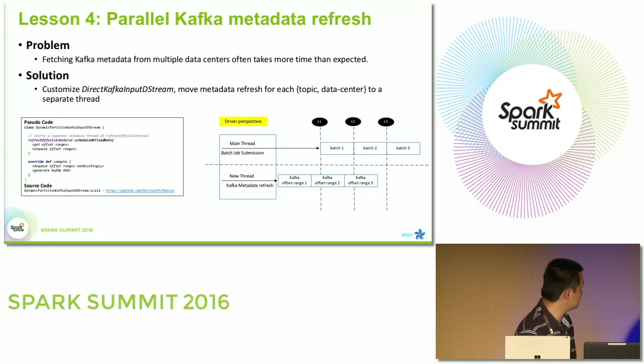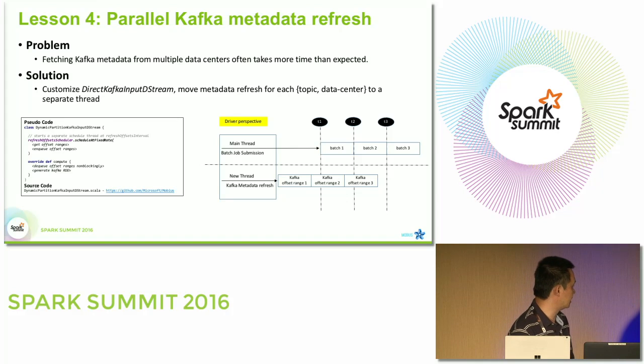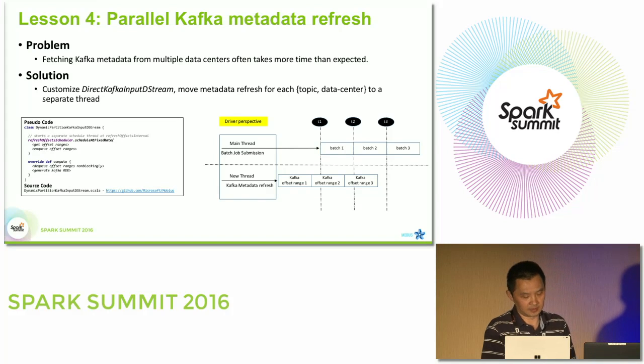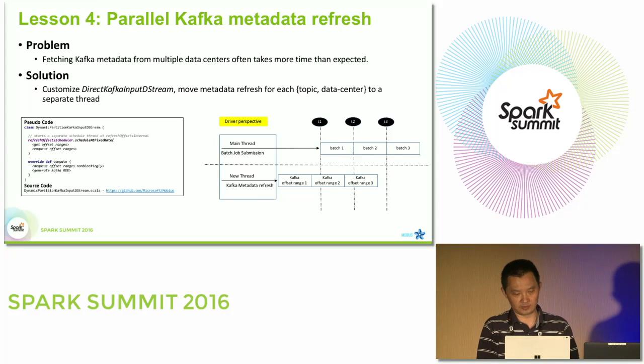So the solution is to customize or subclass the Kafka direct input DStream platform code and move metadata refresh to a separate thread, like the procedural code shows. It refreshes metadata in a separate thread, and puts the results, the offset ranges of a Kafka topic, into a queue for the DStream to pick up.